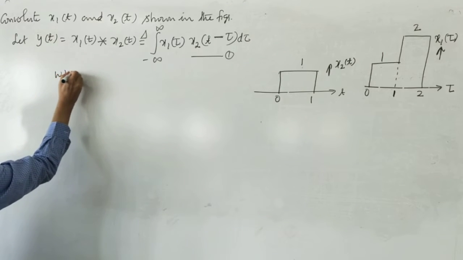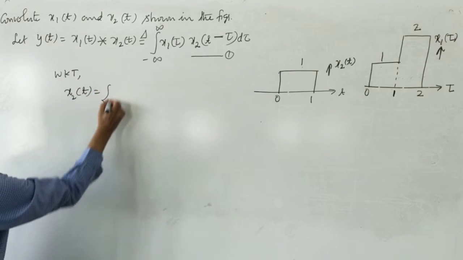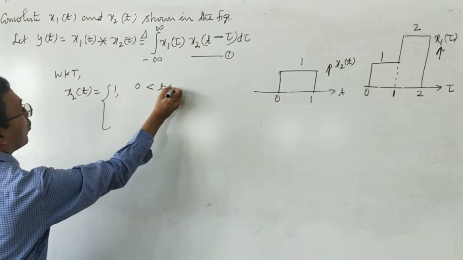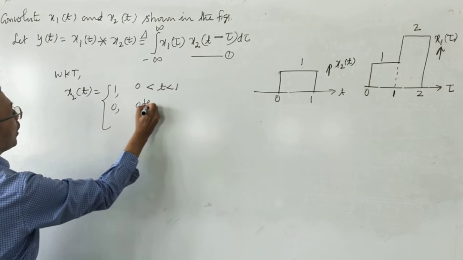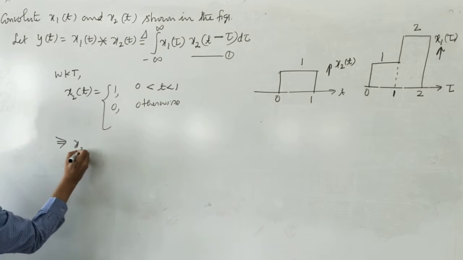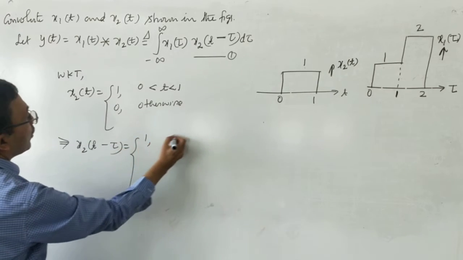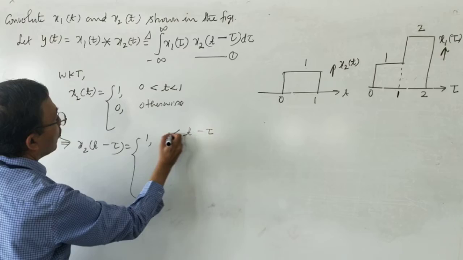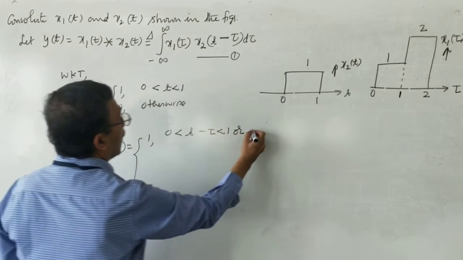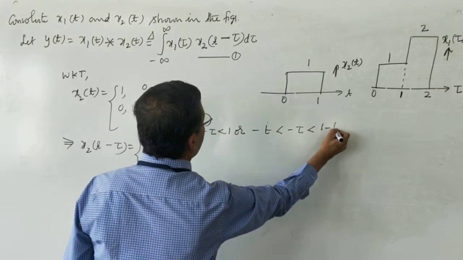We know that x2 of t is equal to 1 for t varying from 0 to 1, 0 otherwise. This implies x2 of t minus tau equals 1 for t minus tau between 0 and 1, or minus t less than minus tau less than 1 minus t.